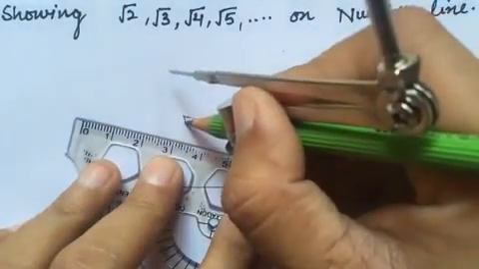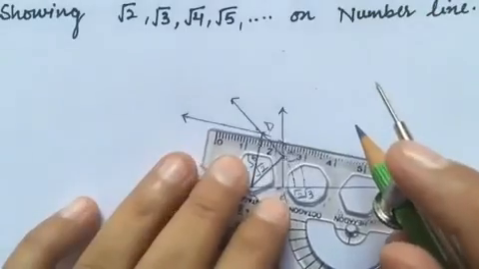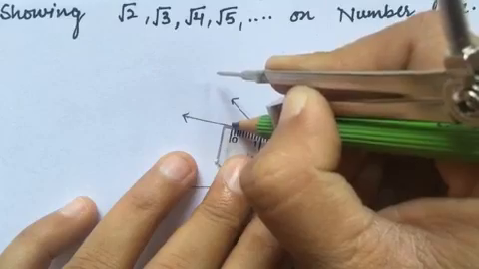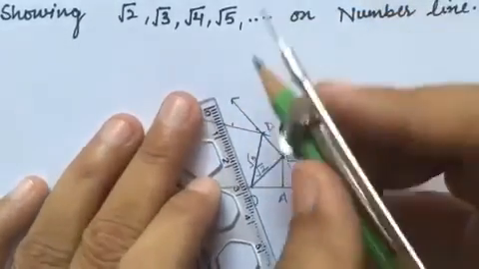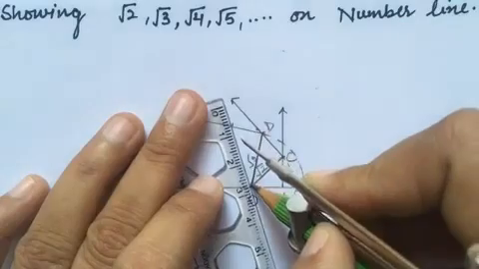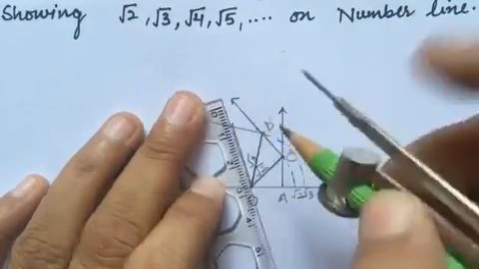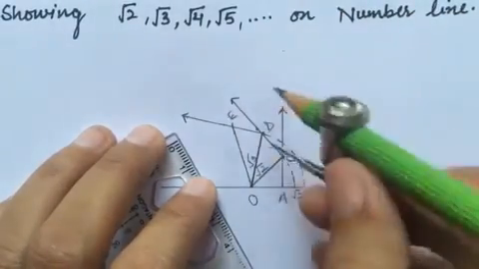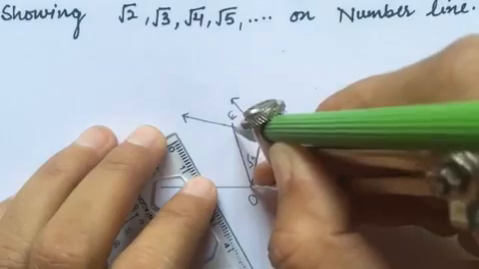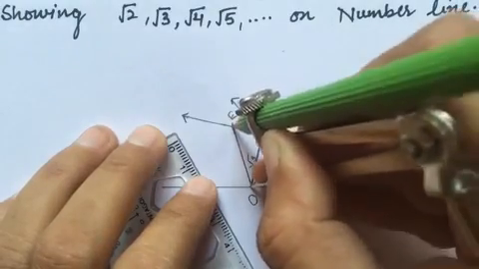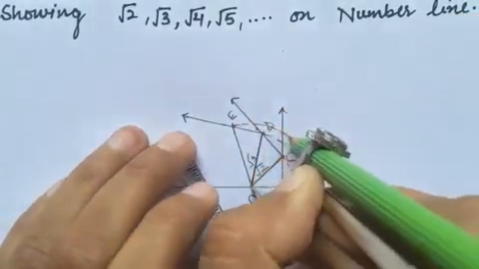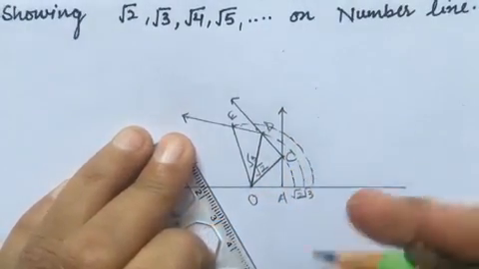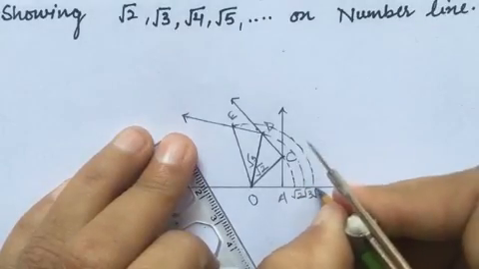And then you have to deduct 1 centimeter, and join it with your initial point O. You can name it point E. Then you have to measure it, and again draw an arc. So this is your point root 4.